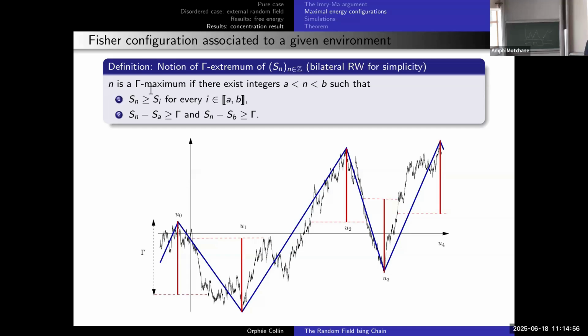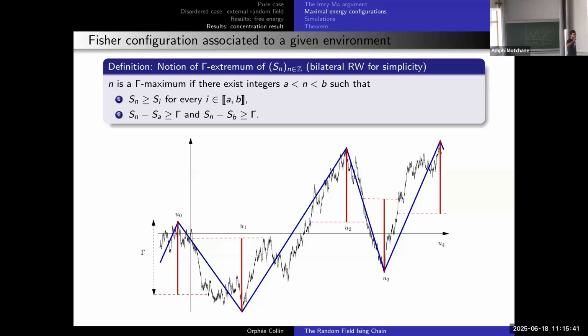We say that a site n is a gamma maximum for S if you can exhibit A and B such that S is maximal at n on the interval AB, and the heights S_n minus S_A and S_n minus S_B are larger than gamma.